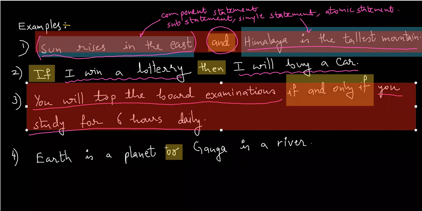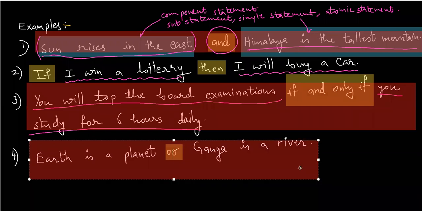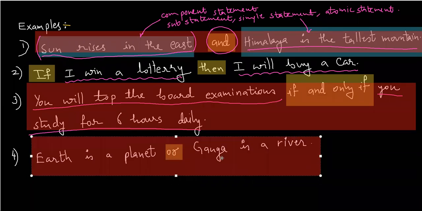Now, here I have the compound statement as this: Earth is a planet, or Ganga is a river. Earth is a planet is a simple statement. Ganga is a river is also a simple statement or component statement.